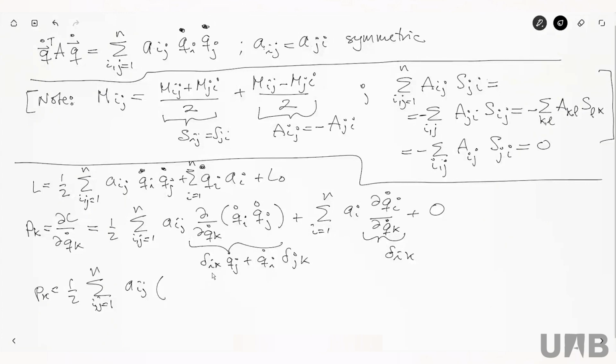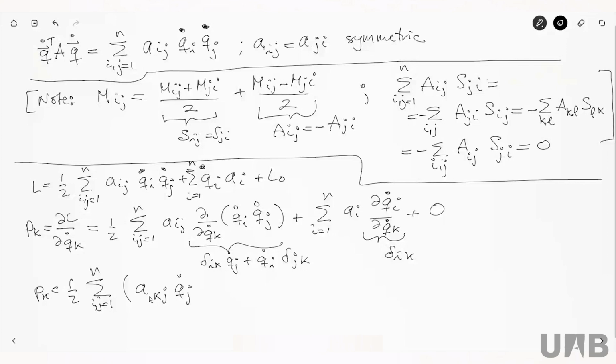So let me just do the sum. Let's do the two terms. The first term is Aij delta ik. So that means Akj q dot j, right? Because the delta kills all the contributions if i is not k.